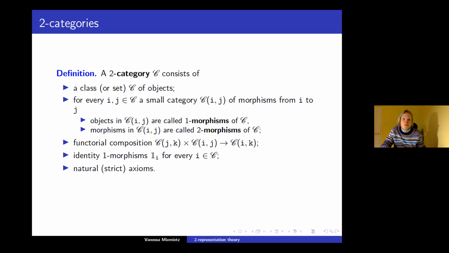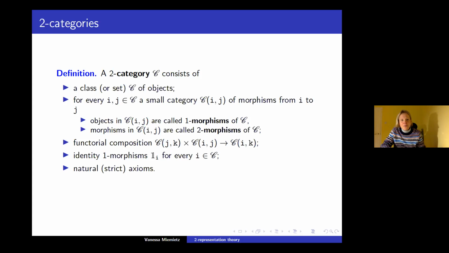And also the only other axiom that we need is to make sure that if we can compose morphisms in here, and we can compose morphisms in here, and we can compose them horizontally to push them over, those things have to be nicely compatible. So that's a 2-category.